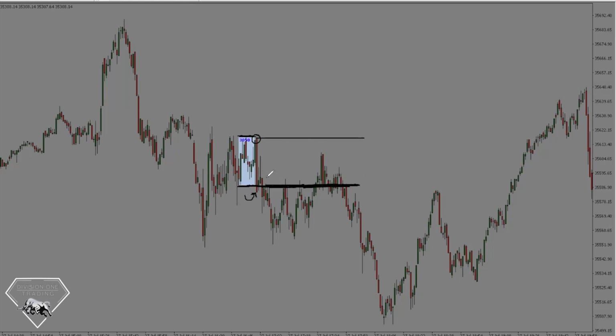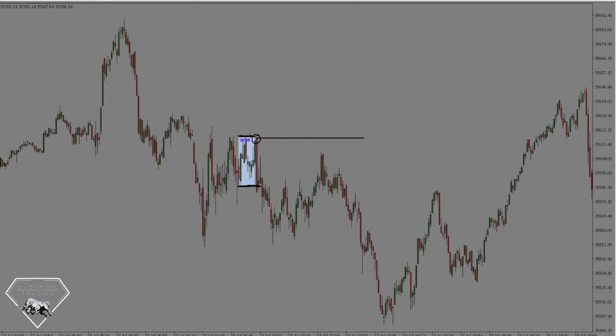But we'll talk about this as far as if it closes below this range. Right there you can see it closes below and then closes below, closes below. If it closes below the range, there's about a 70 to 80% chance that it ends up closing lower than this open.